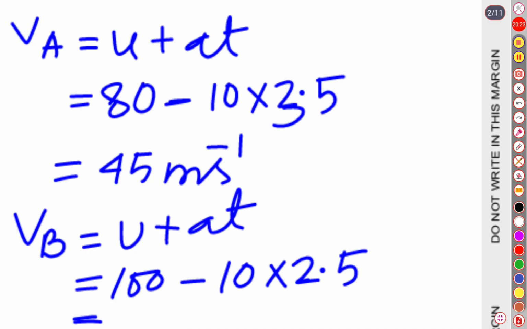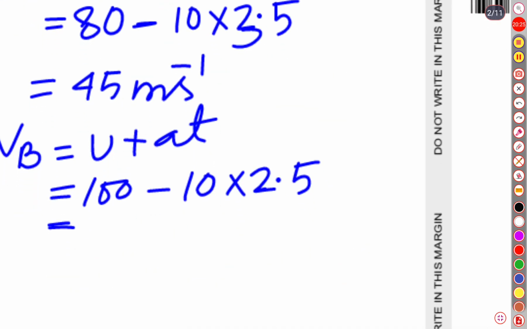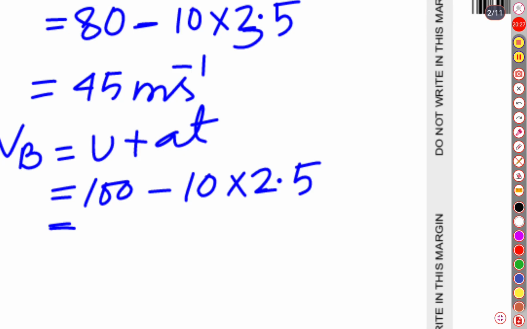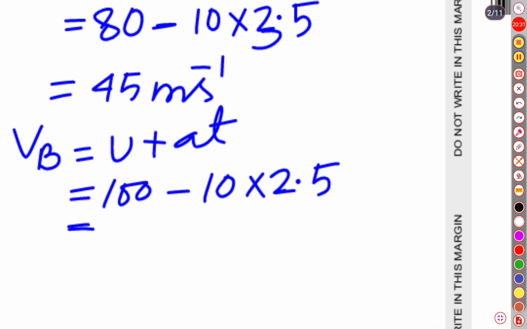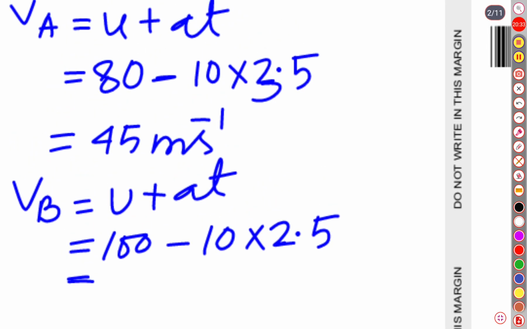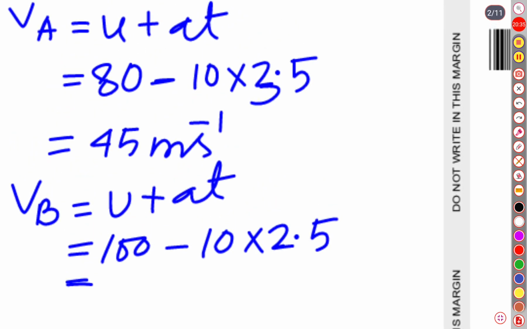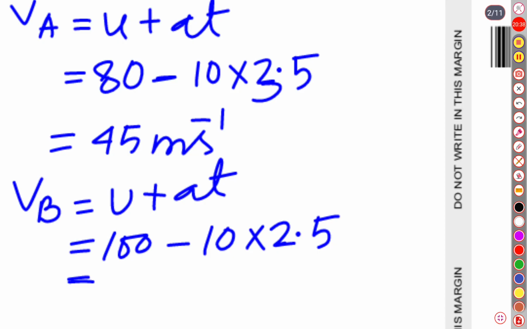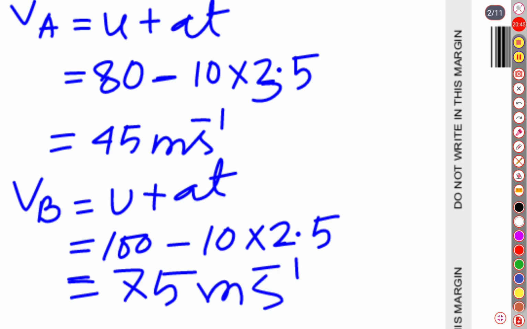I mean, the velocity of B before collision was 75 meters per second. This is the velocity just before colliding.